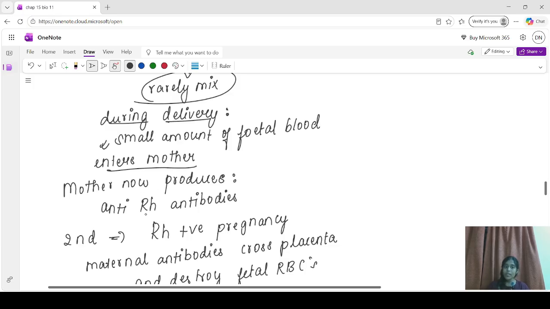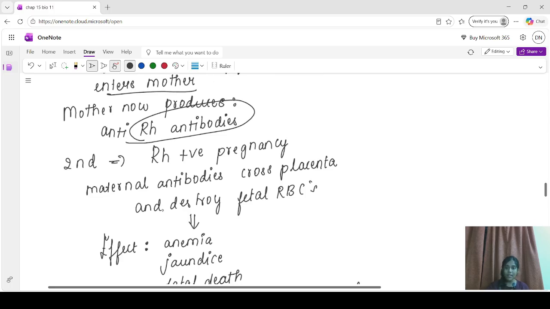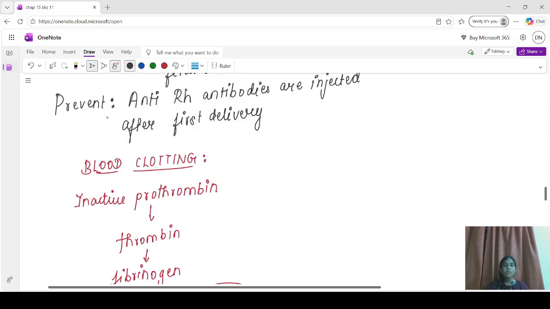Now, the mother produces anti-RH antibodies. So, during the second pregnancy, if it is an RH positive pregnancy, the maternal antibodies cross the placenta and destroy fetal RBCs. And this will have effects like anemia, jaundice, and even fetal death. So to prevent it, anti-RH antibodies are injected after the first delivery itself.